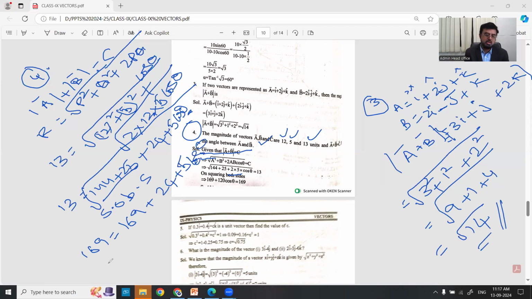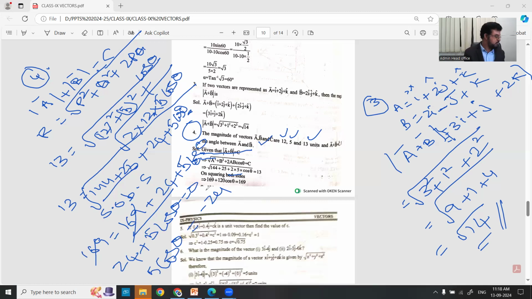I can cancel out the 169. Then what is left is 24 plus 5 cos theta equal to 0, so 5 cos theta is equal to minus 24.